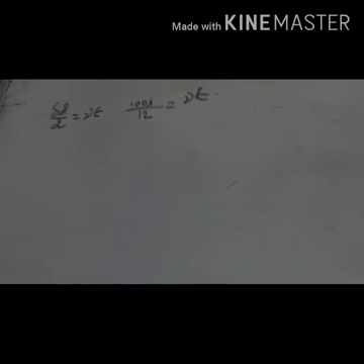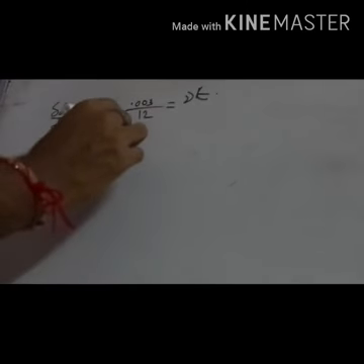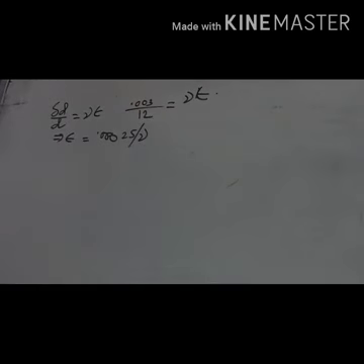From this equation, epsilon is equal to 0.0005 by nu.